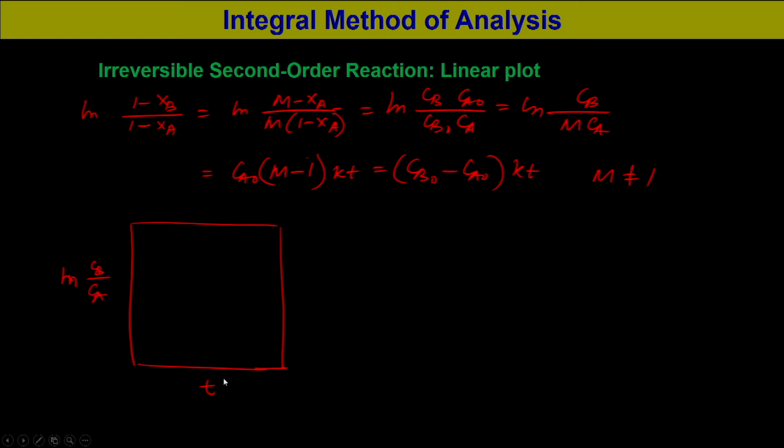If we plot, then we will obtain a curve like this, where the intercept here is ln C_B0 by C_A0, that is ln m, and the slope of this curve would be equal to C_B0 minus C_A0 into k.